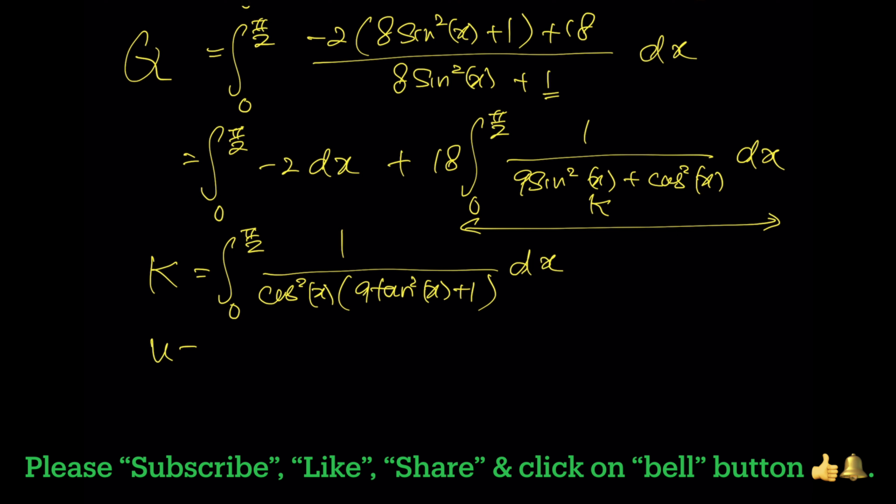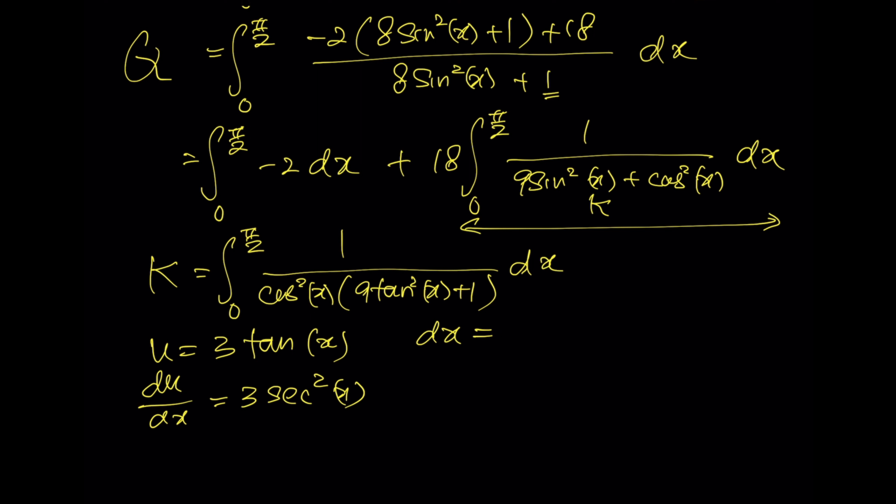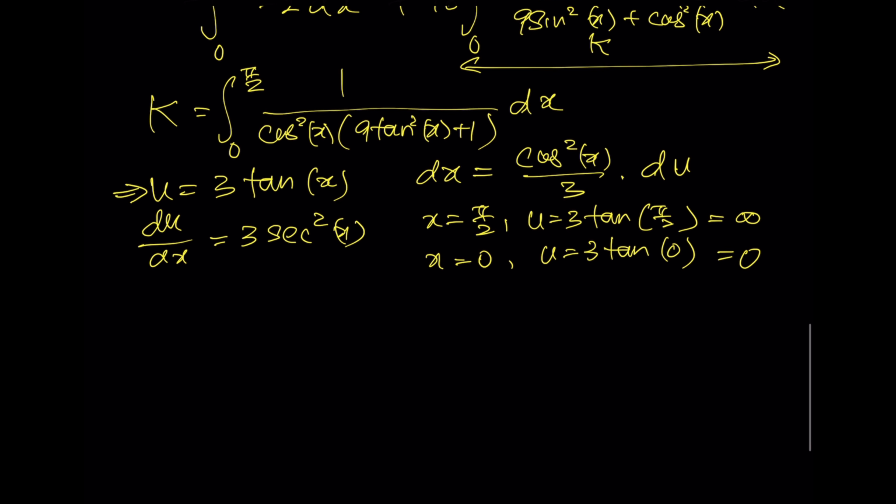Let's do substitution. Define u equals to 3 tangent x. Therefore, du over dx equals to 3 secant square x, or dx equals to cosine square x over 3 and then multiply du. For the new integration bound, when x equals to pi divided by 2, u equals to infinity. When x equals to 0, u equals to 0.